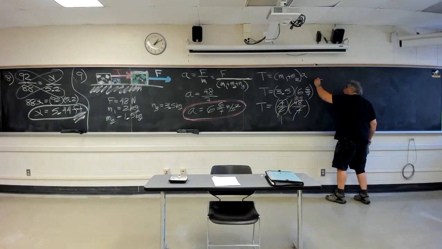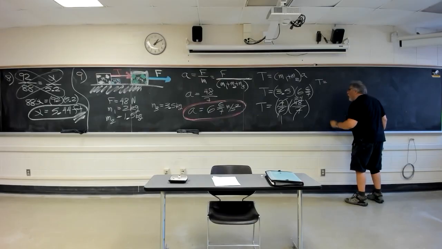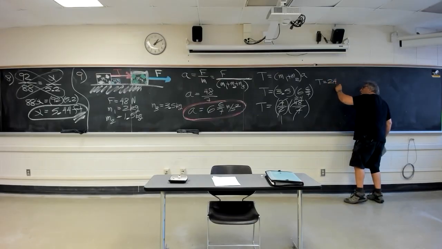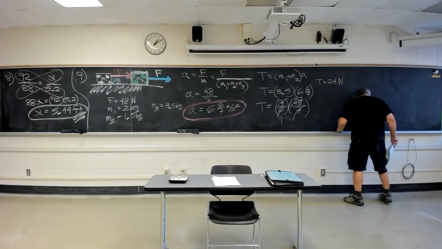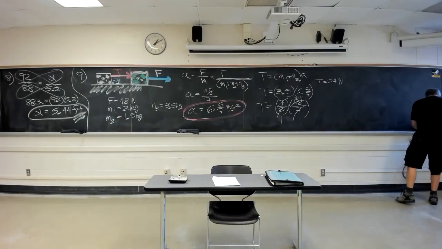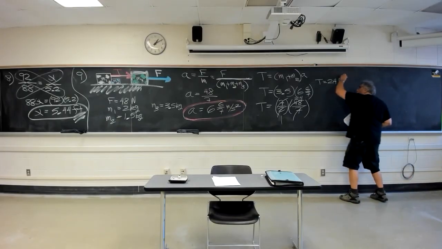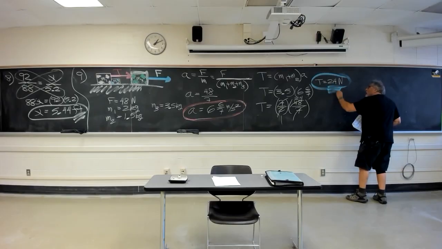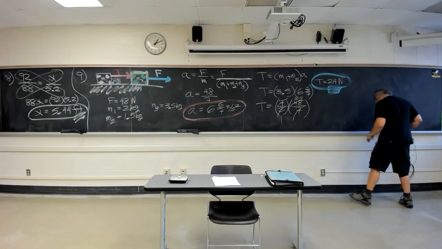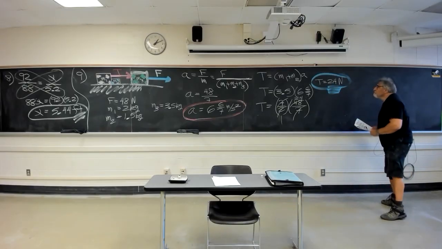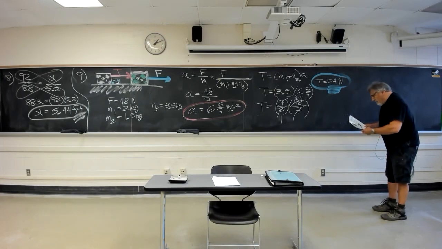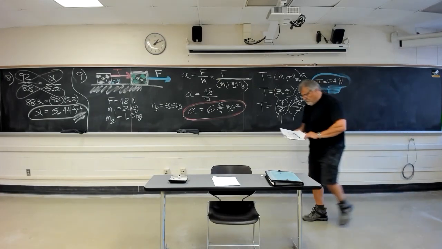So it's kind of interesting. Again, even with the decimals, you're going to get awfully close to it. The tension's going to be 24 newtons. Okay, great problem, guys. Great problem.